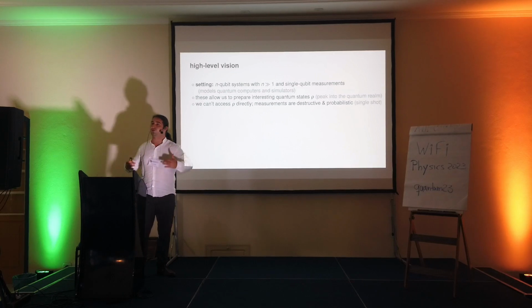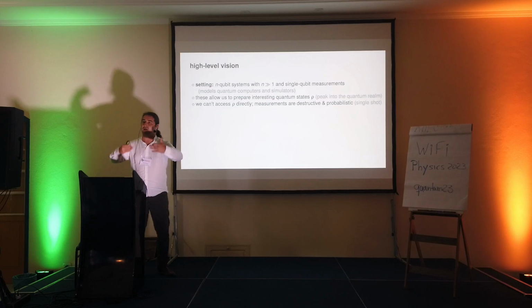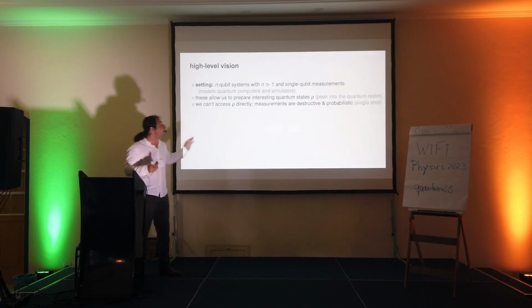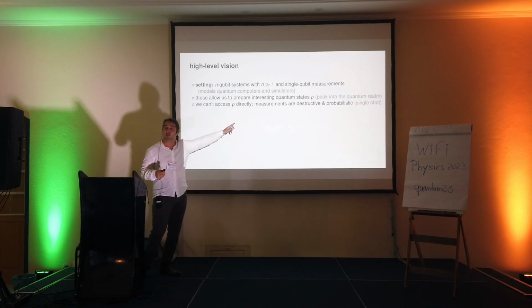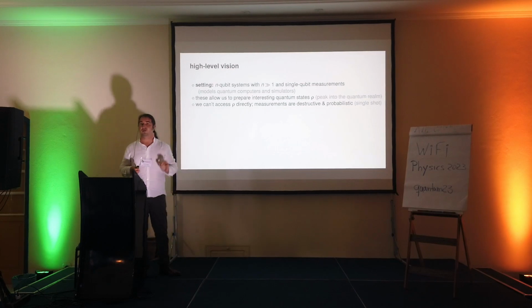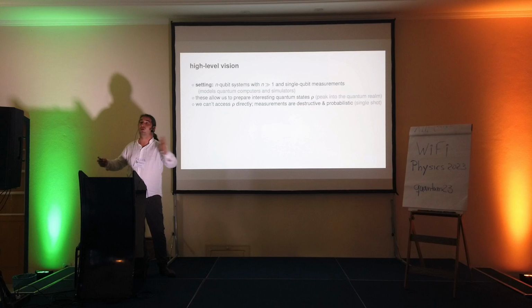And so you really have to start from scratch again, prepare a new copy, and then measure. But what quantum devices allow us is to sample outcome distributions where the probability depends on the quantum system. And this is subtly different from having random access to all the amplitudes. This is what a classical computer would do.